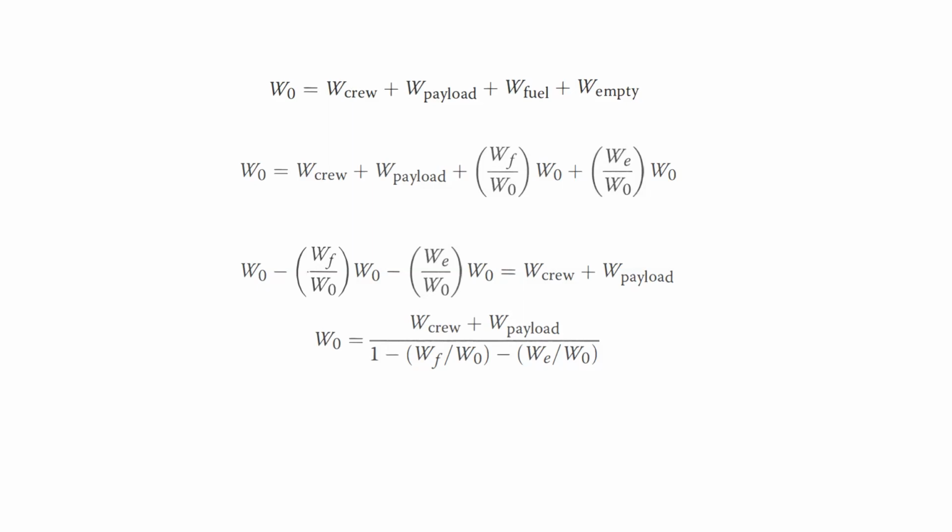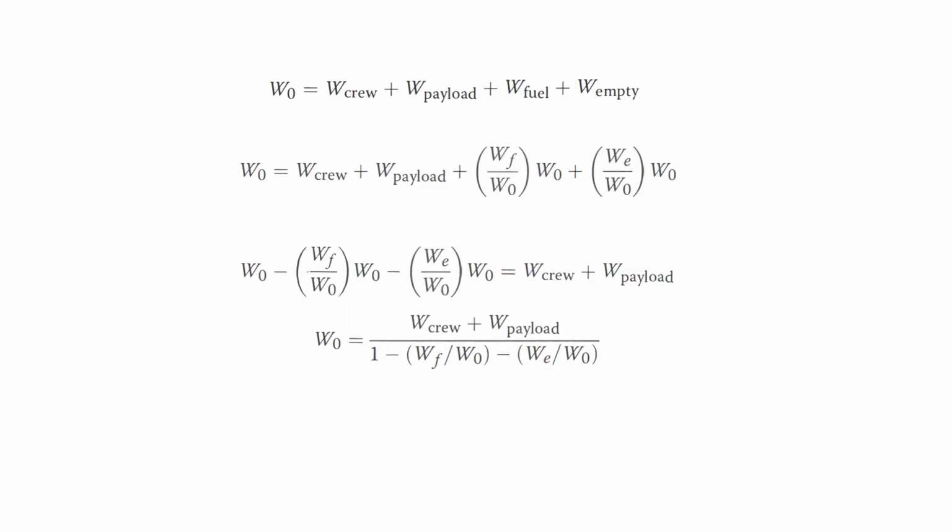And crew weight we usually know because before we receive the requirement of an aircraft, we are told how many people will be flying this, so we know it in advance. Same thing for the payload also. Payload could be the weight of the passengers, it could be cargo. So your aircraft is being designed for a special weight, right? So you know the payload weight also.